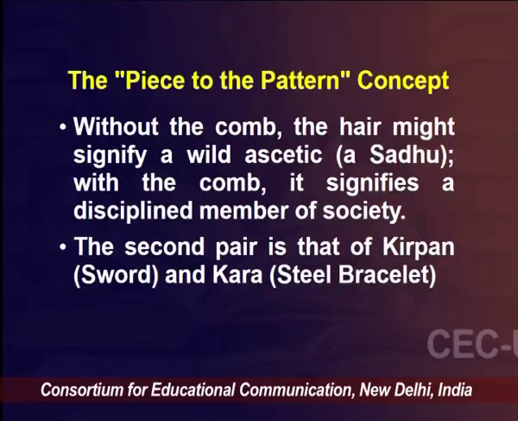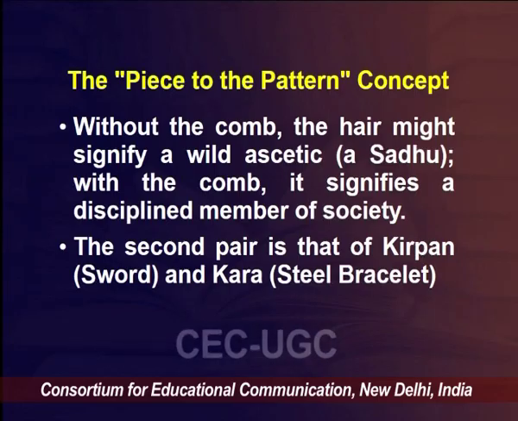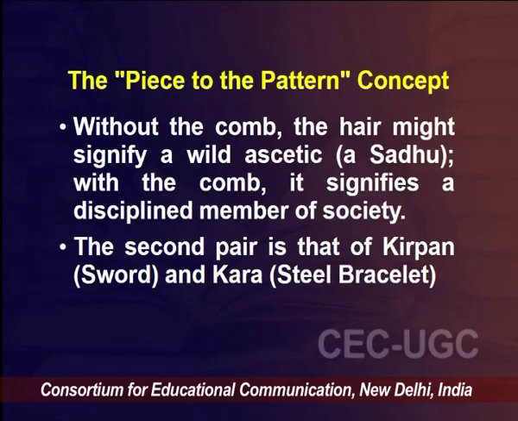So, in structuralism, meaning is derived from relationship. For example, the hair or the kesh gains its specific Sikh meaning only when paired with the comb or the kanga. Without the comb, the hair might signify a wild ascetic or a sadhu. With the comb, it signifies a disciplined member of society.